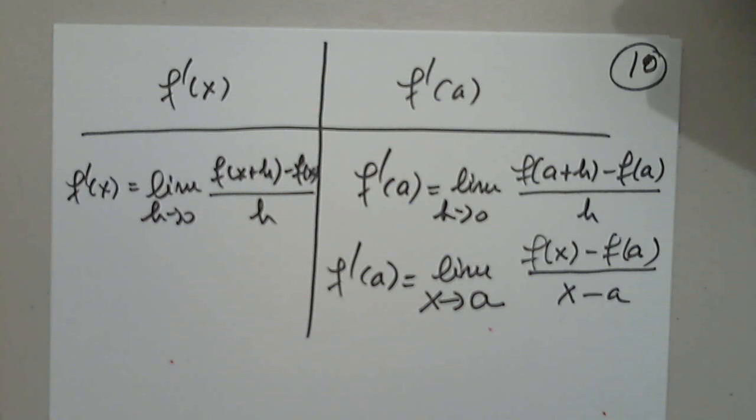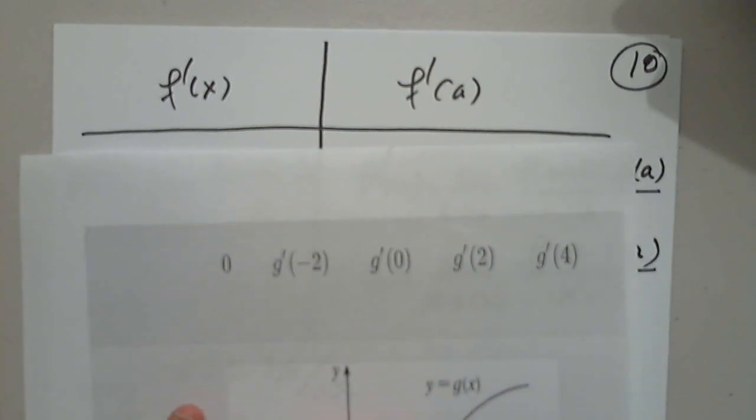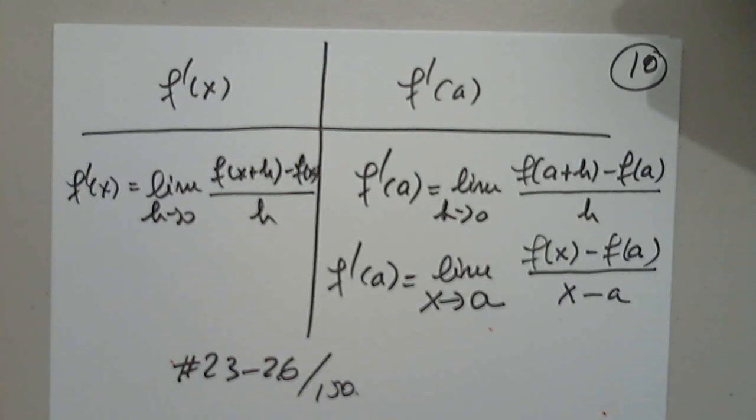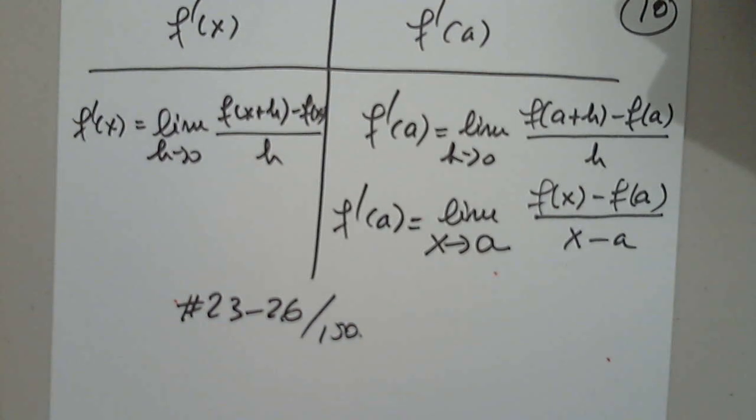Between 23 and 26, let's choose one. 23 and 26 on 150. And then we'll move away from that and we will determine other things. Oh, I forgot about this. I'm going to do this too. So if anyone can choose a problem, if not, I will choose.